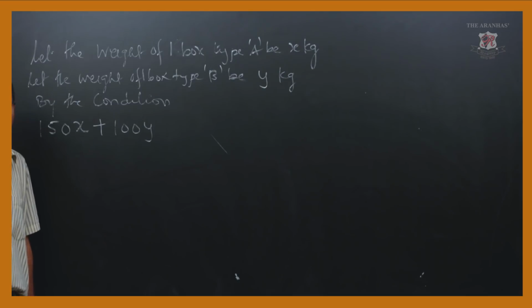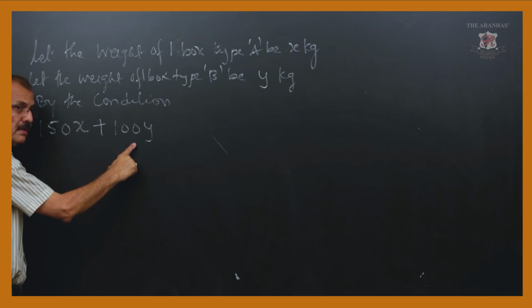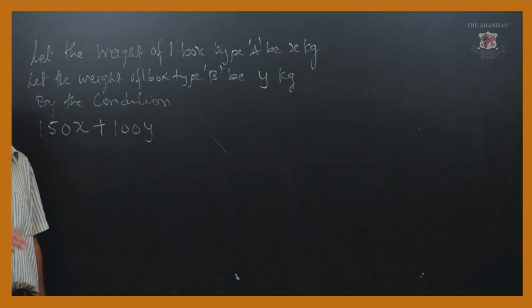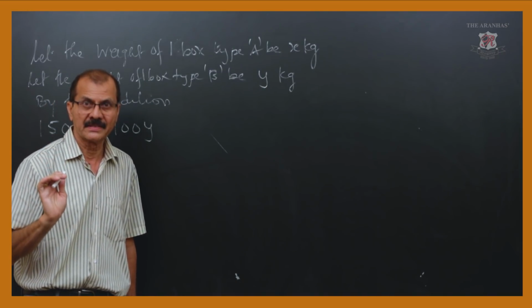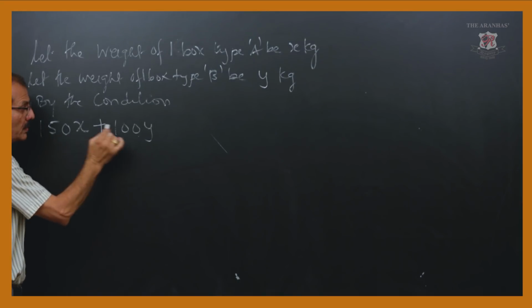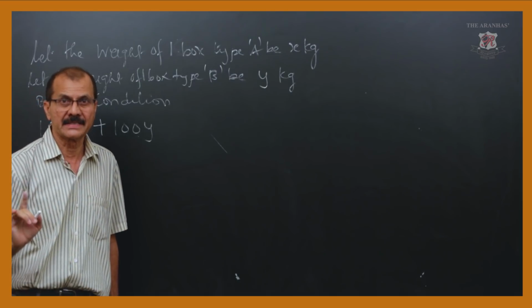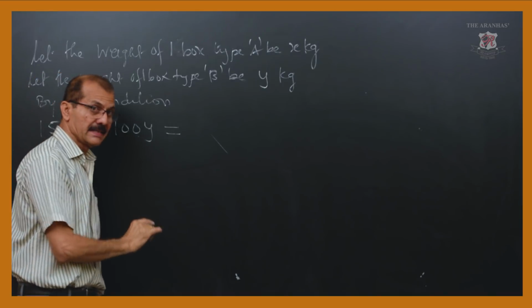Now the total weight of type A plus the total weight of type B will be equal to what? What is the total capacity of the truck? 10 tons. Means if you add these two, this total should be 10 tons. So this is equal to 10 tons.